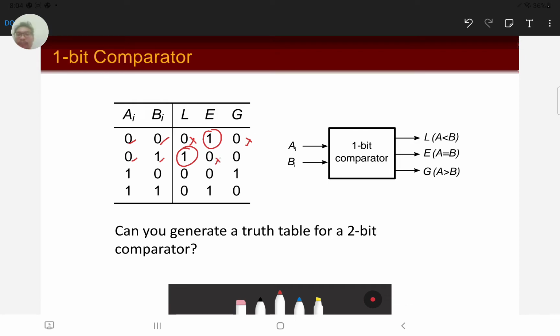It is not equal. A is not greater than B. In this case, A is greater than B, not less, not equal. This one is equal, and not less than, not greater than.